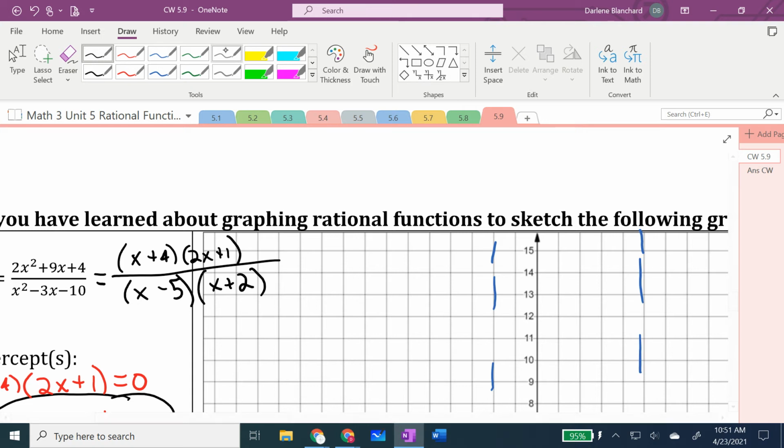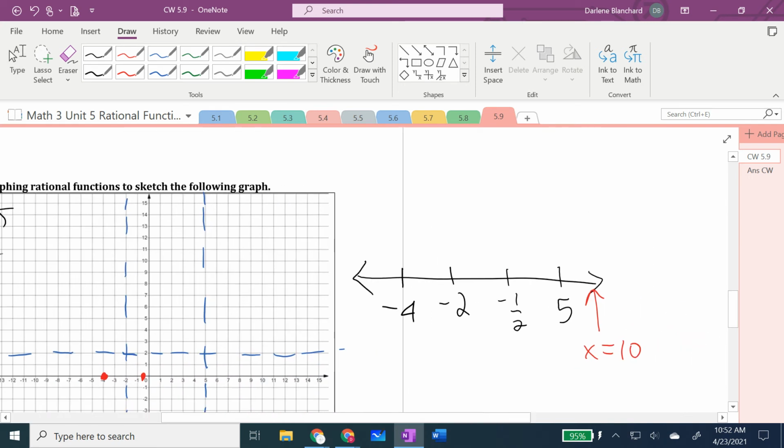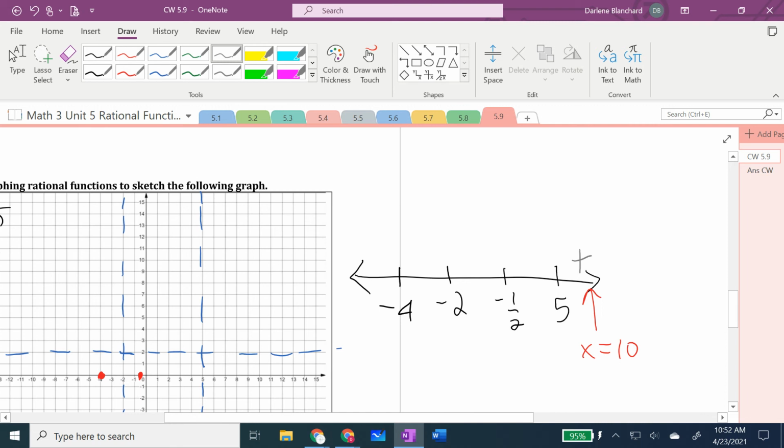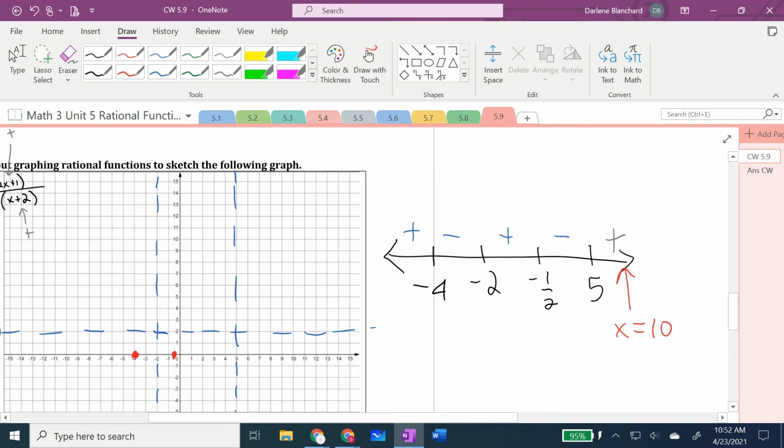If I plug in positive 10, 10 plus 4 is positive. Definitely 2x plus 1 will be positive. 10 minus 5 is still positive. 10 plus 2 is positive. This section is definitely positive. Now, because I don't have any parentheses squared or parentheses to the 4th power, this will go back and forth. You can double check it, but if you recognize this, it'll go faster.